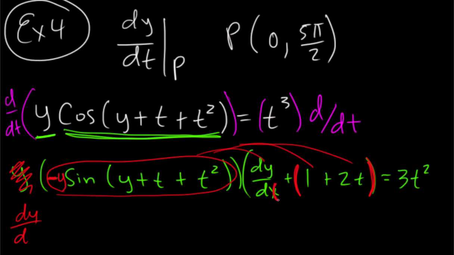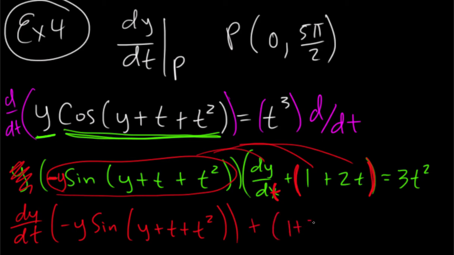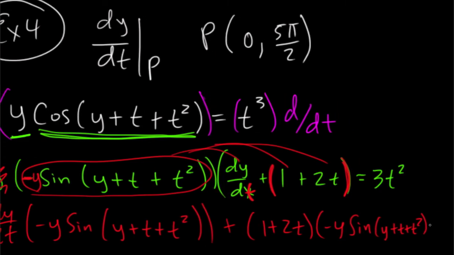Sorry, I messed up on these. These should be t's. dy/dt. And we have negative y sine(y plus t squared). And then we have this thing, 1 plus 2t, and then I'm going to rewrite all of this. Negative y sine(y plus t squared). And that's still all equal to 3t squared, which I ran out of space.